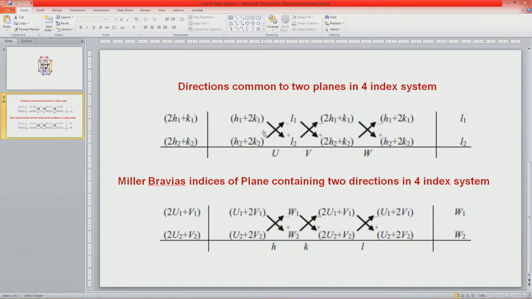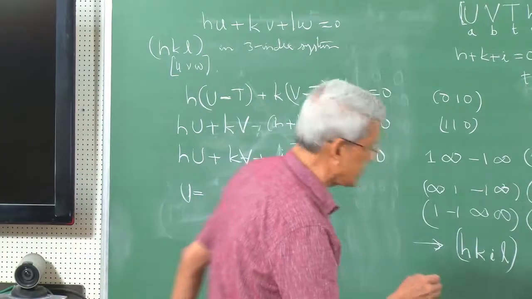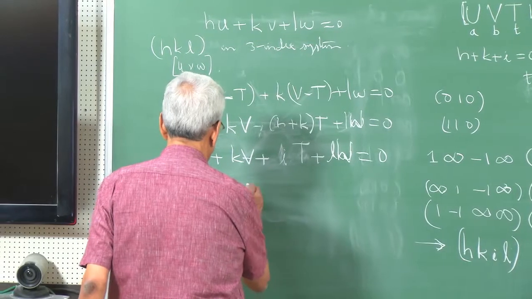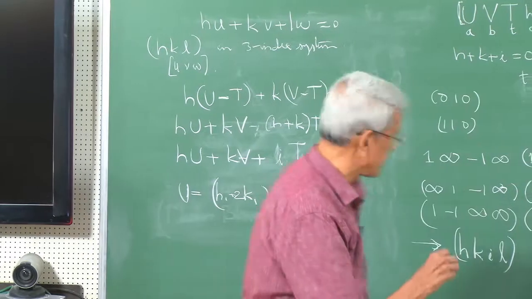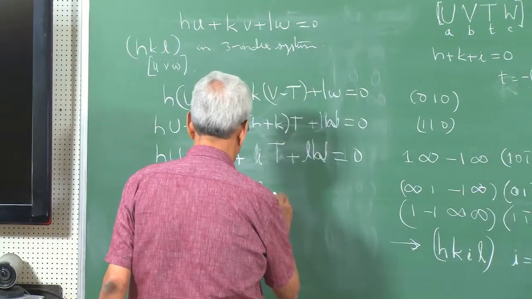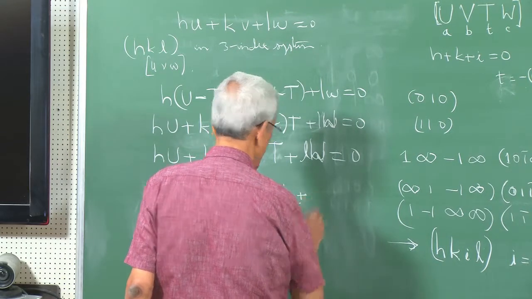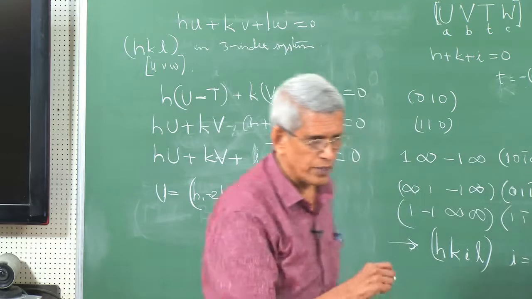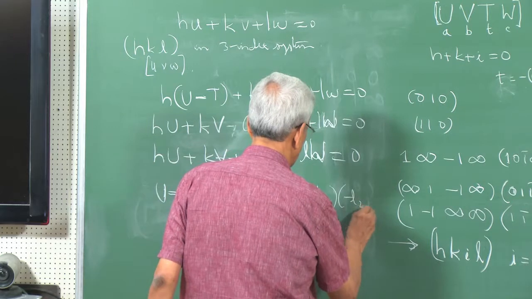So, to find U, you take a product of this and a product of this, and what it will turn out in that case is that U will be H1 plus 2K1 into L2, H2 plus 2K2 minus L2.